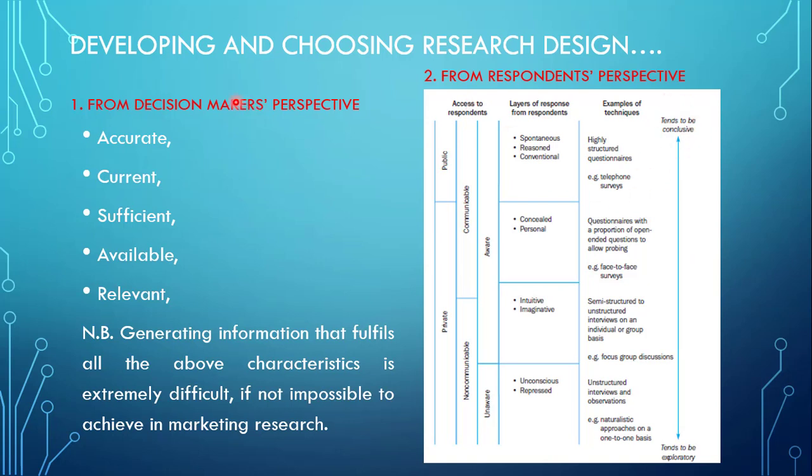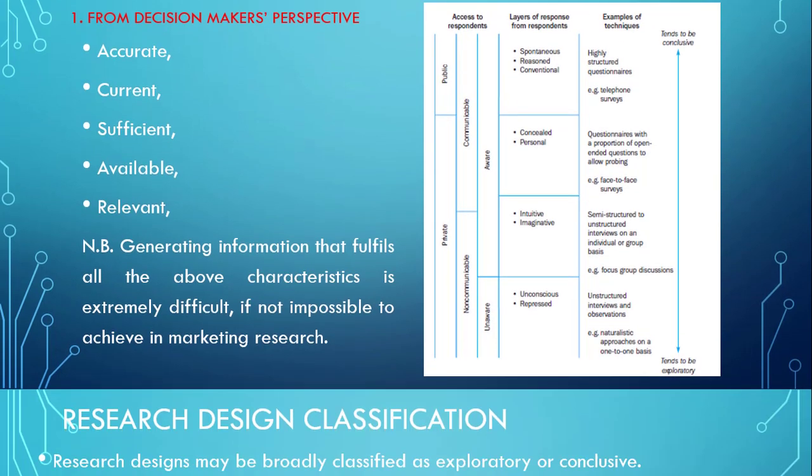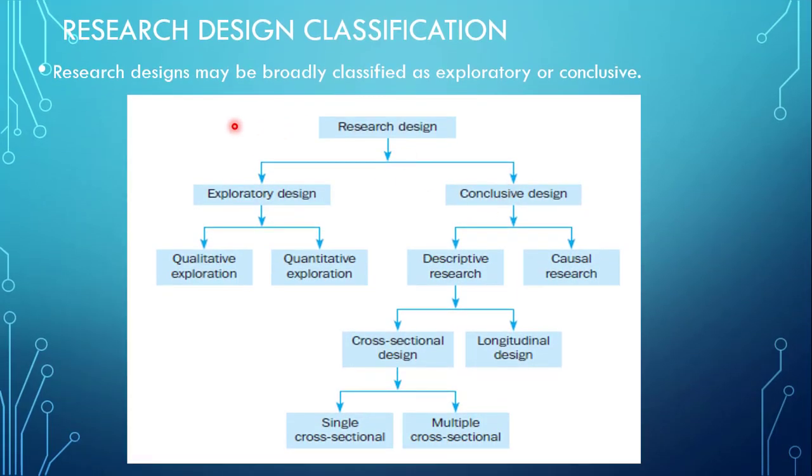So after you balance between the decision maker's perspective and the respondent's perspective, you have different classifications of research design. Basically, you have two types of research design. The first one is exploratory research design, and the second one is conclusive research design.